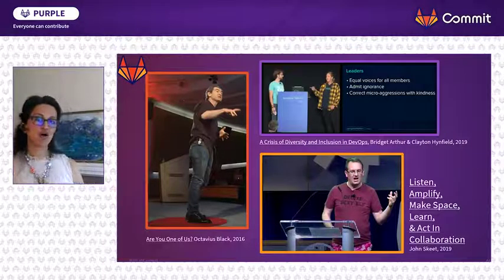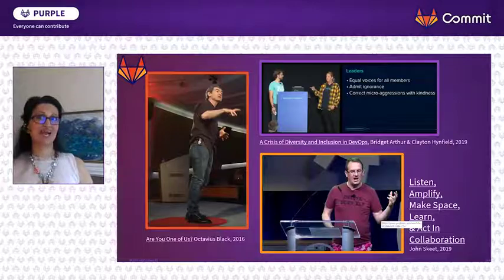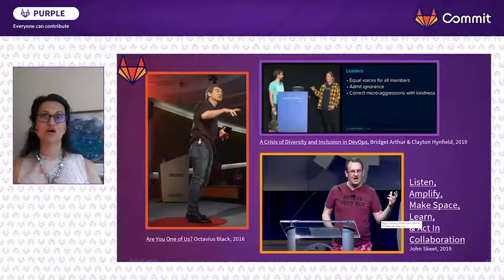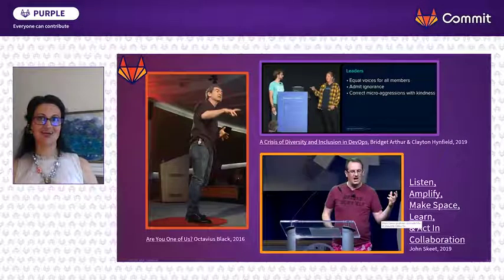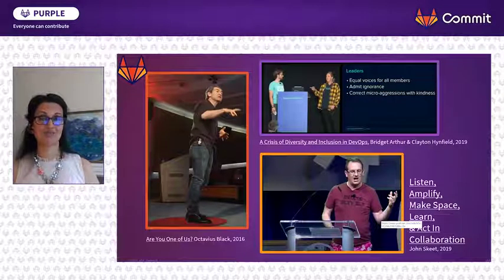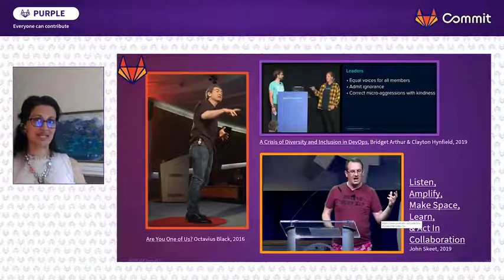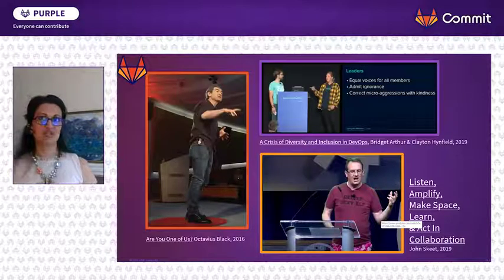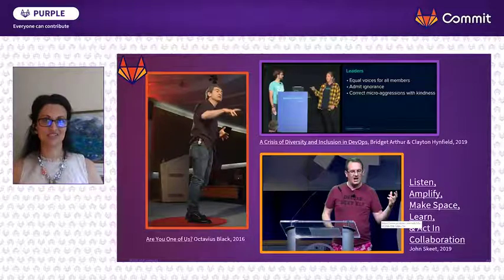So here are 3 talks I wanted to share and that I highly recommend watching. Octavius Black talks about empathy in a hilarious manner, so a great watch. Bridget and Clayton from Pivotal share the tactical practices that anyone can apply in their organizations.